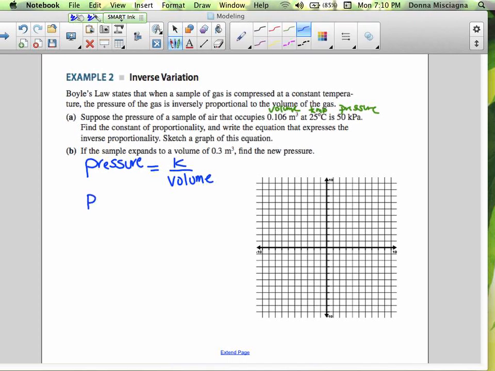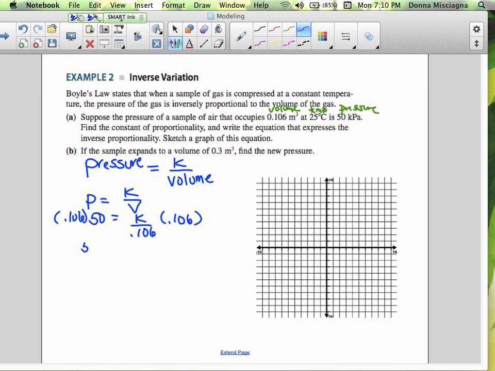So P, let's just use P for pressure, equals K divided by V. P is 50. K is what we're solving for. That's our constant of proportionality. And the volume here is 0.106. If we want to solve for K, we just multiply both sides by 0.106.